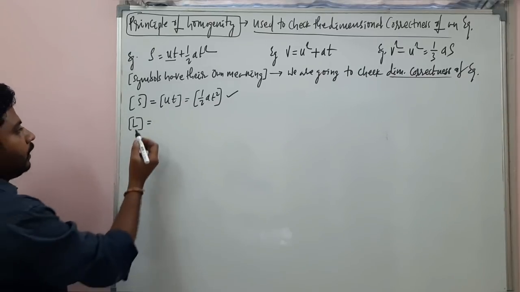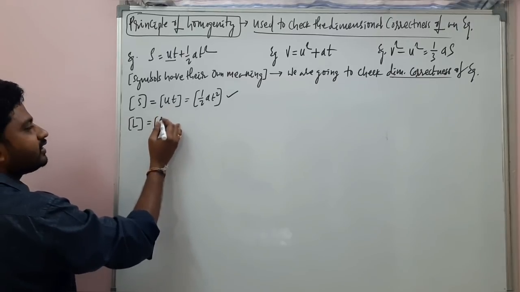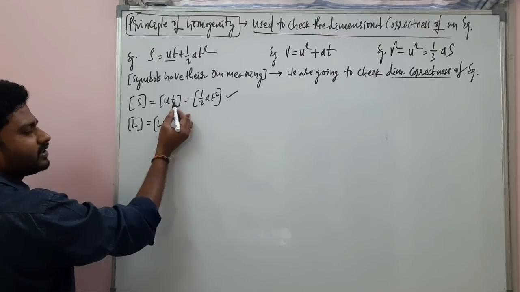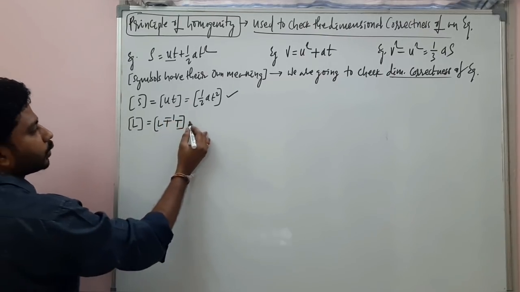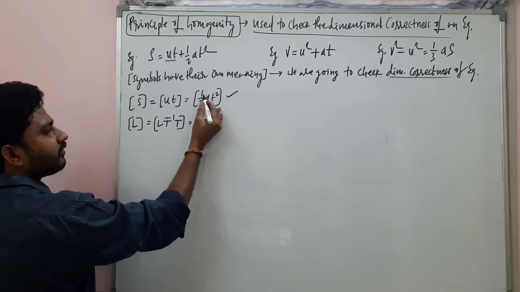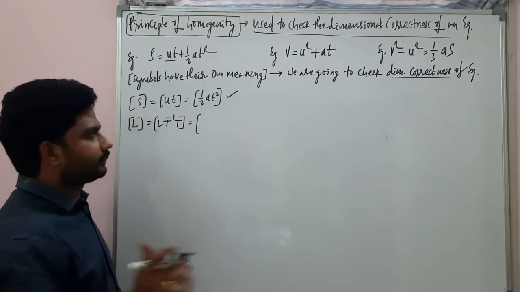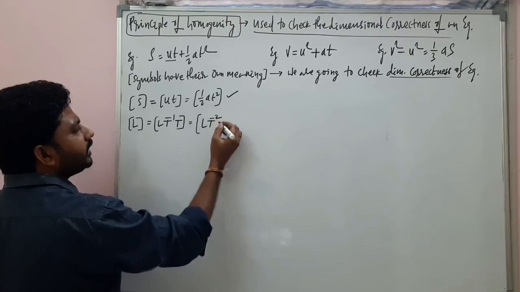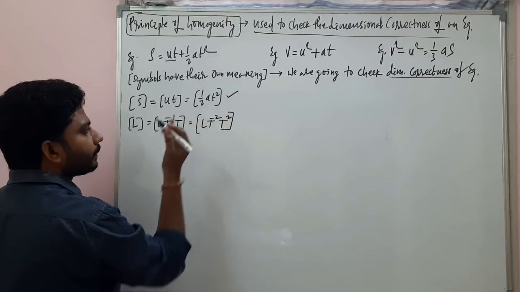Dimensions of displacement is L, and dimensions of initial velocity LT minus 1 into dimensions of time T, which is equal to dimensions of half, no dimensions for the numerical value. Acceleration is LT minus 2 into T square.